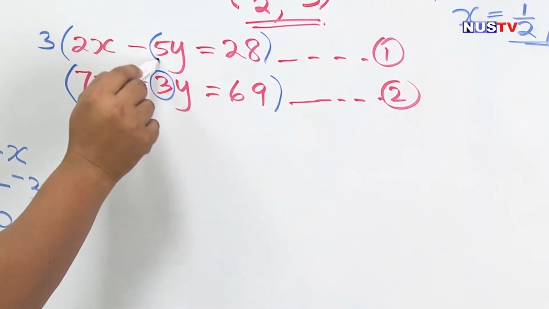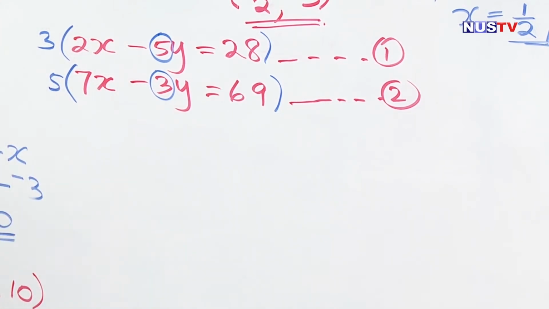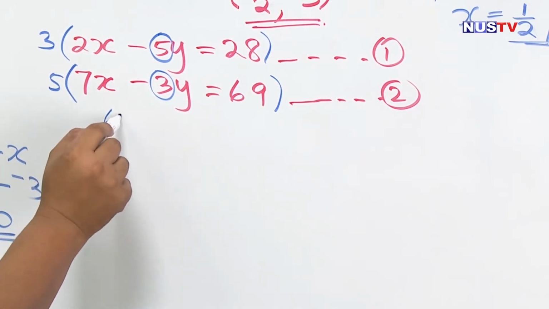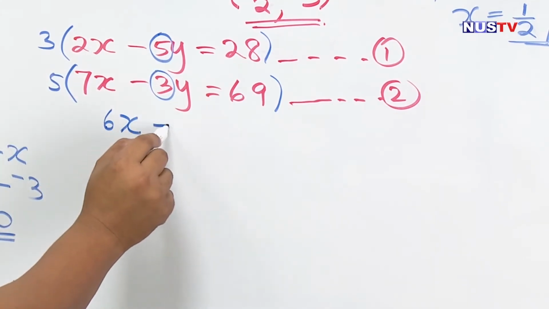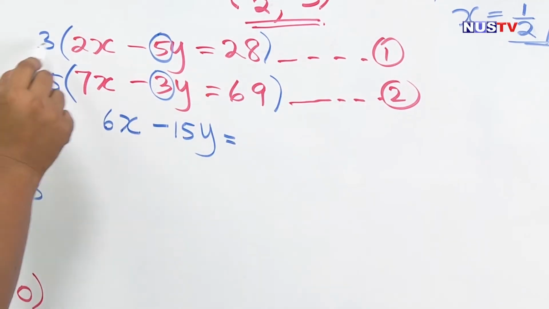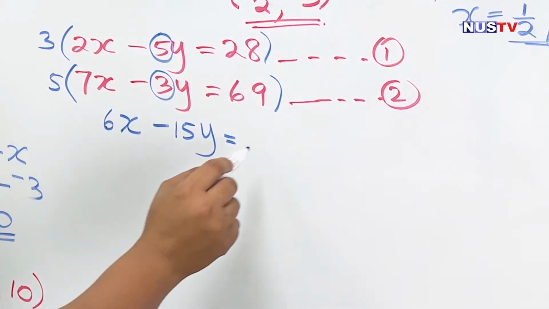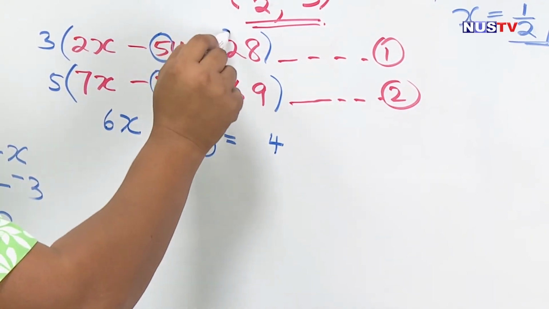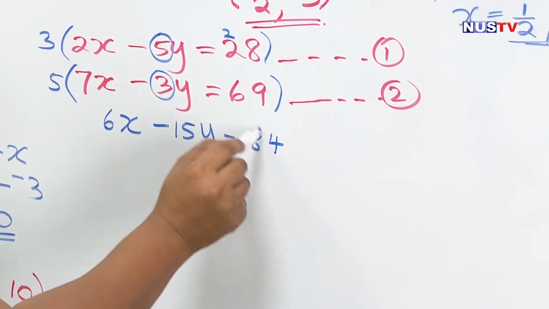So 3 times 2x, that will be 6x. 3 times negative 5y, that will be negative 15y. And 3 times 28, 3 times 8 is 24, so 4 carry 2. 3 times 2 is 6, plus 2 will be 84.